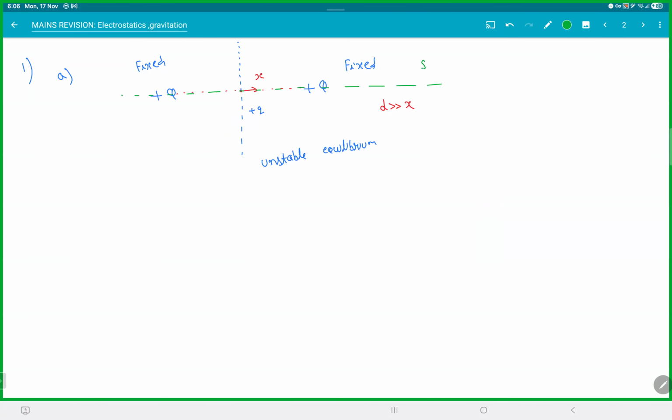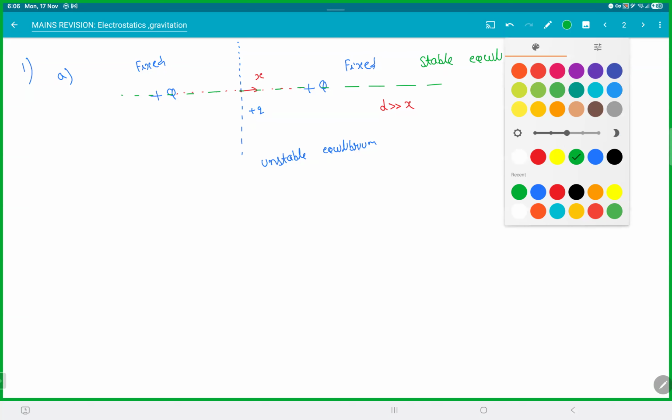So the same point can be stable or unstable equilibrium depending on which way you're displacing it. If it had been a minus q charge, then the vertical will be stable and the horizontal will be unstable. I hope you remember what is stable and unstable equilibrium. In case you forgot, you should go back to work power energy and revise that.